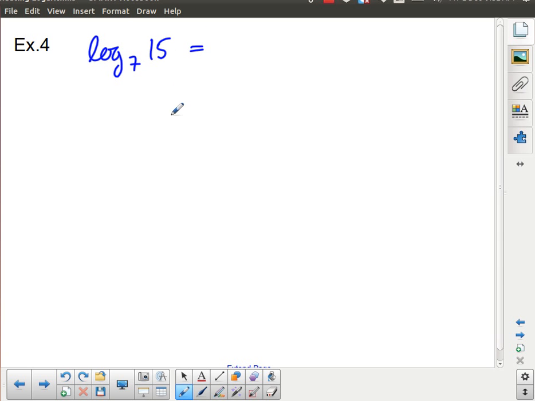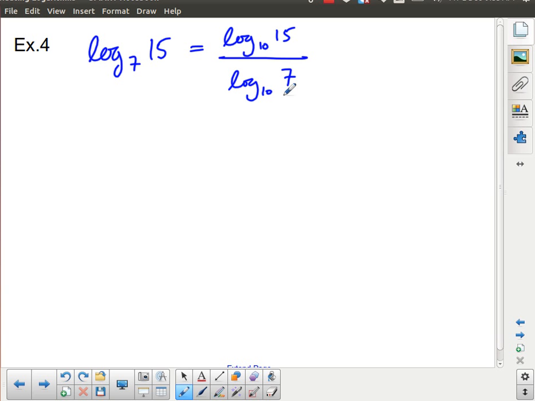So we're just going to make use of the rule we just discussed, which is that this is the same as log base 10 of 15 over log base 10 of 7. So notice I changed both of these to logs base 10, and in the numerator I took the logarithm of my x value, and in the denominator I took the logarithm of the base of the expression.